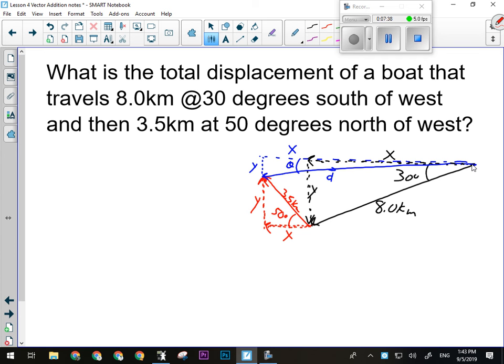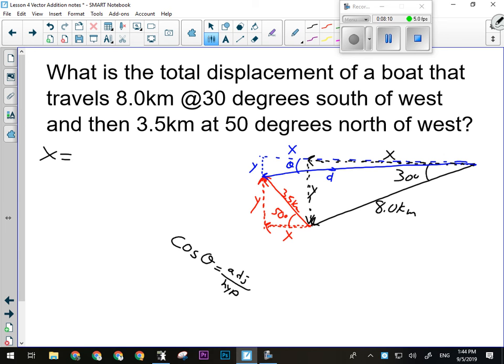So if I want to find black x, black x is right here. It is adjacent to the 30-degree angle, and I have the hypotenuse. What trig function relates the hypotenuse and the adjacent side? Cos. Right. So if I want to find x, cos of theta equals the adjacent side, which is x, the one I'm looking for, divided by the hypotenuse.